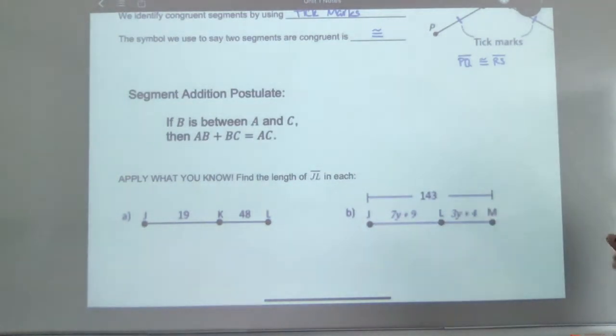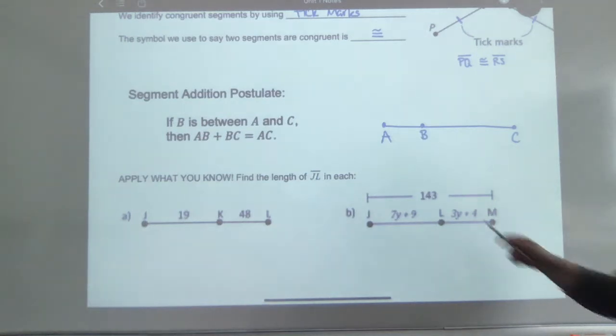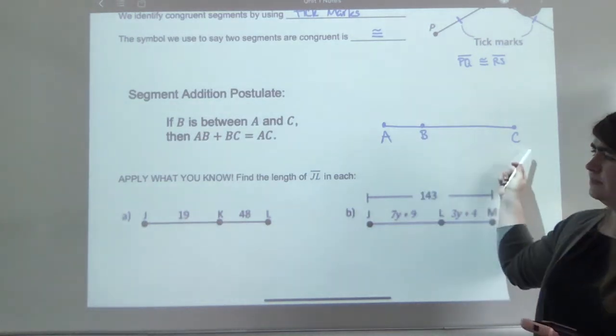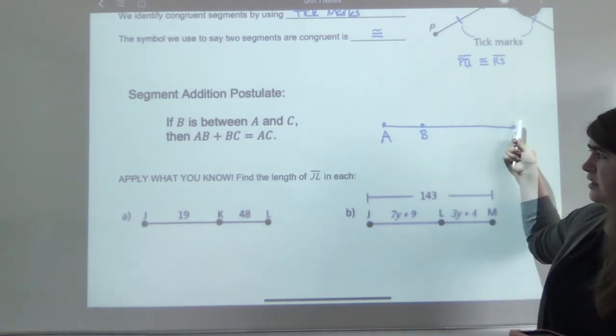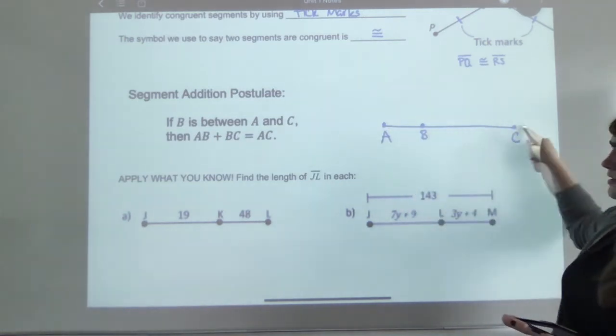So I have this line here, and on one end I have point C, and on the other end I have point A, and it says that B is somewhere between A and C, and it doesn't say where, so I'm just going to stick a point on there and call that point B. So now I have B is between A and C, then AB plus BC is equal to AC.